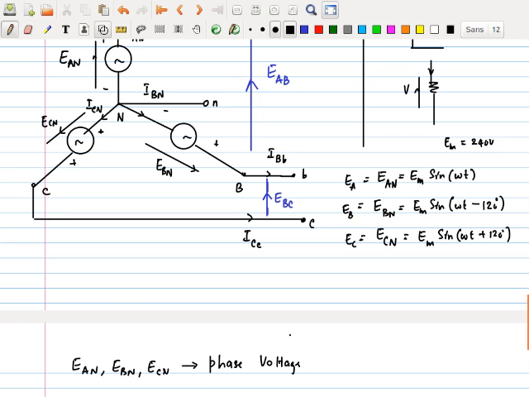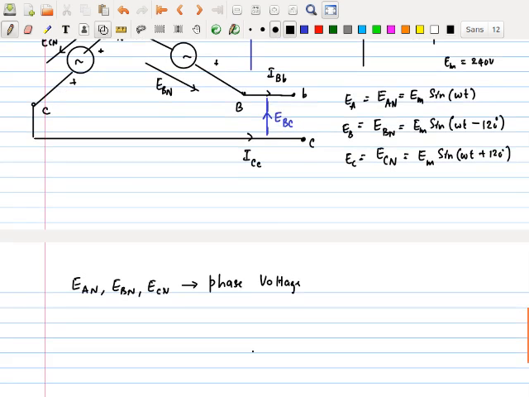As a general rule, we understand EAN, EBN, ECN magnitude-wise are going to be the same. So magnitude-wise E of AN is going to be E of Bn, and E of Cn is going to be equal to E of An. We already know this. We want to call this E of phi, which means phase voltage.